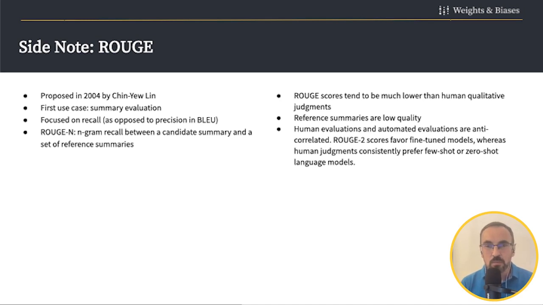They also found human evaluations and automated evaluations were anti-correlated. So while Rouge favored the models that were fine-tuned on summarization, people that evaluated the summaries actually preferred the few-shot or the zero-shot language models. So there's definitely room for improvement in evaluating the summarization task.